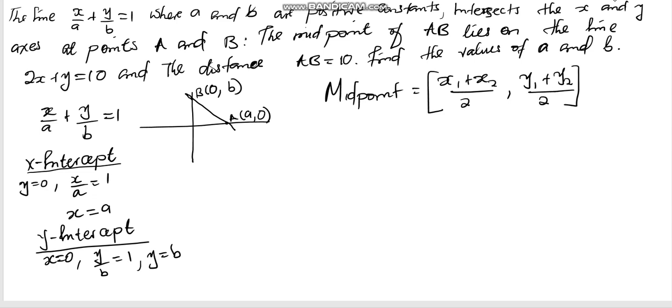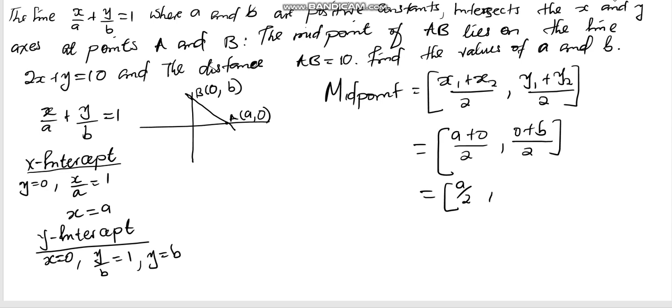So here we're simply going to have a plus 0 over 2 comma 0 plus b over 2, which gives a over 2 and b over 2. Now we've been told that this midpoint lies on the line 2x plus y equal to 10.